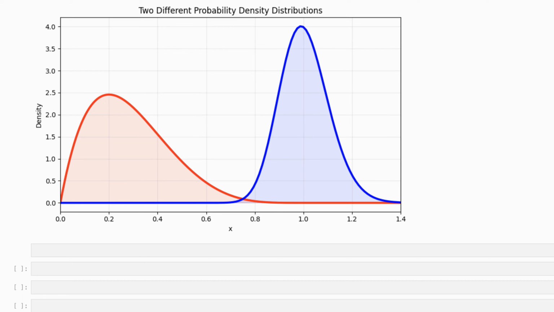For the red distribution, the peak probability density is about 0.2, while for the blue distribution it is around 1. The value 0.8 is relatively unlikely for both distributions, but it is more likely under the blue distribution than under the red one. Any distribution can be described by various parameters such as mean, median, dispersion, skewness, kurtosis, and others.